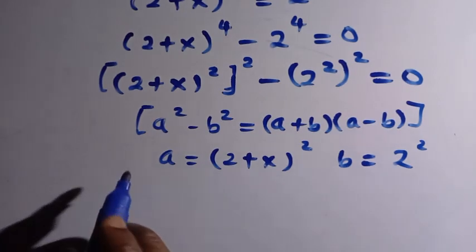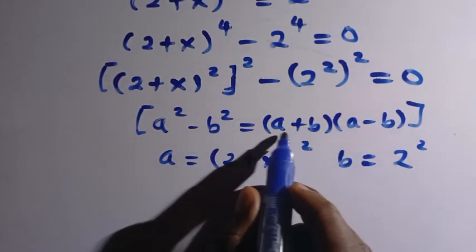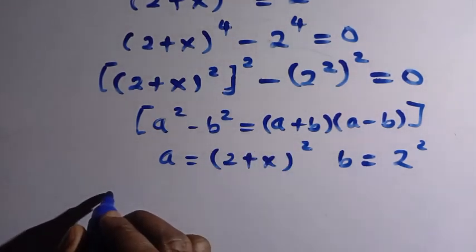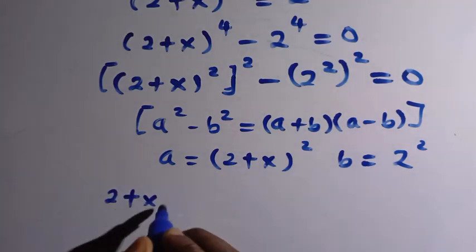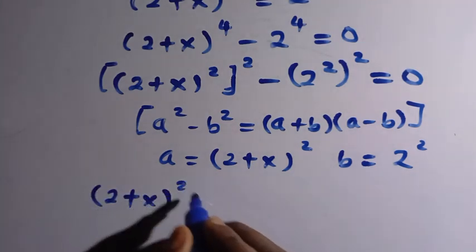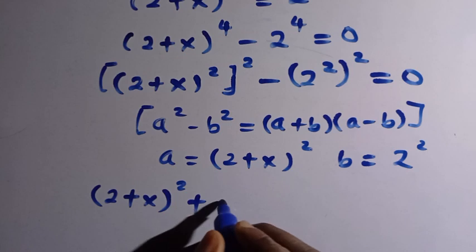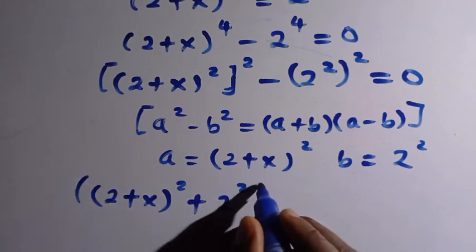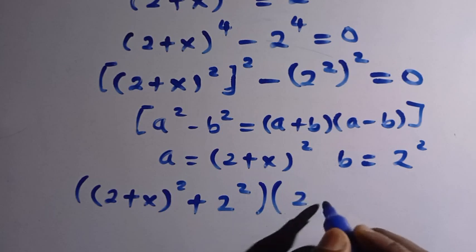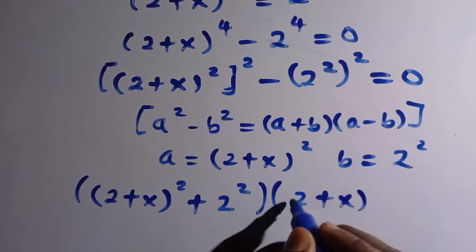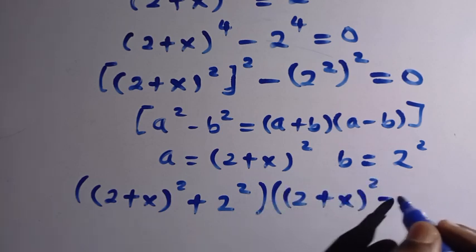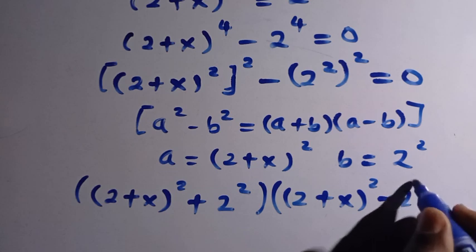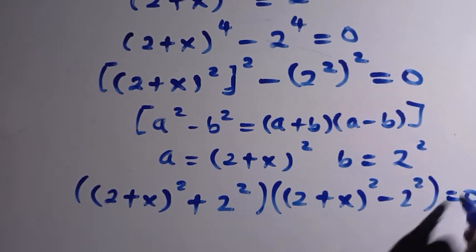Then by applying a plus b, we have ((2 + x)^2 + 2^2) multiplied by ((2 + x)^2 - 2^2) equals 0.